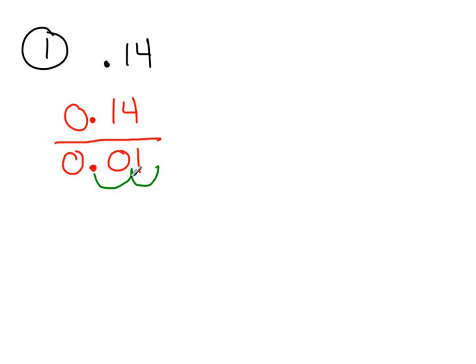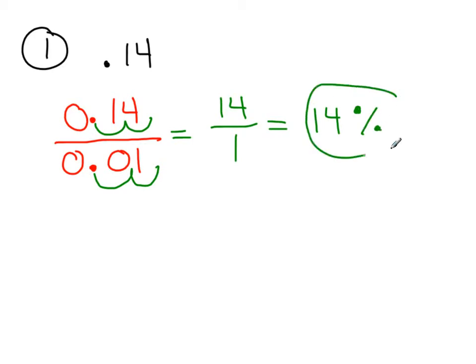And when we move it over 2 places on the bottom, we must do exactly the same thing to the top. So when we move it over up top, we now have 14 over 1. And 14 divided by 1 is 14. And we have to note now that we've changed this to a percent, so we have 14%.